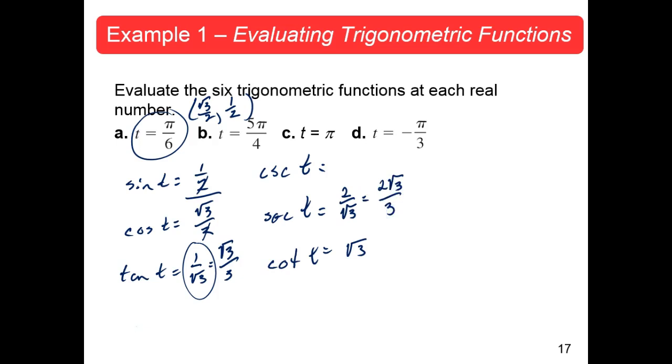Perfect. Okay? And then, I never finished the rest of that story. Let's finish this first, then we'll come back to it. And what would cosecant be? 2. Perfect.